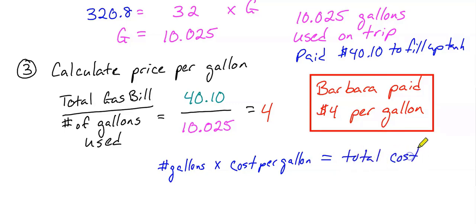So the number of gallons she used was 10.025 times the cost per gallon, which in this case we didn't know. We'll make that X, and we'll set it equal to the total cost, $40.10. So you can see when you write it out in that verbal format that you divide both sides by 10.025.